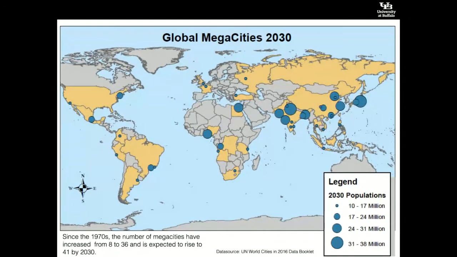But these megacities are going to be growing. By 2030, it's estimated that 41 cities are going to have over 10 million people inside of them. And you can see this growth in cities is not equal. It's mainly in the global south.